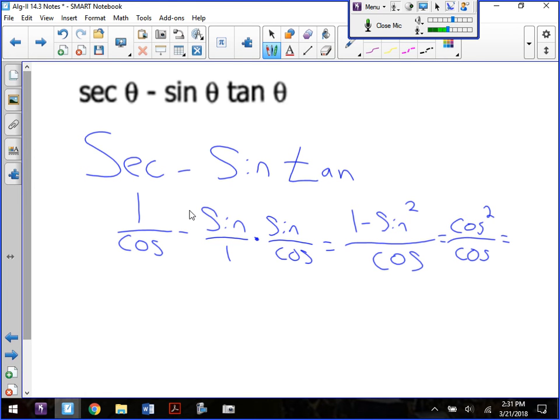And your answer is? Cosine squared over cosine, think of it as x squared over x. X drops out, you're left with x. It's a giant puzzle. Why can't you just say cosine? What fun is that? You have to think your way through it.